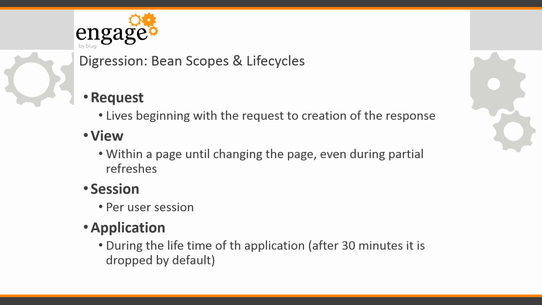The view scope: a view scope bean exists within a page until you change the page. Not reload, but changing, just opening another page. Even during partial refreshes in your page, you can access methods and properties of your view scoped bean. Session scope lasts as long as the user is logged in or not logged in.